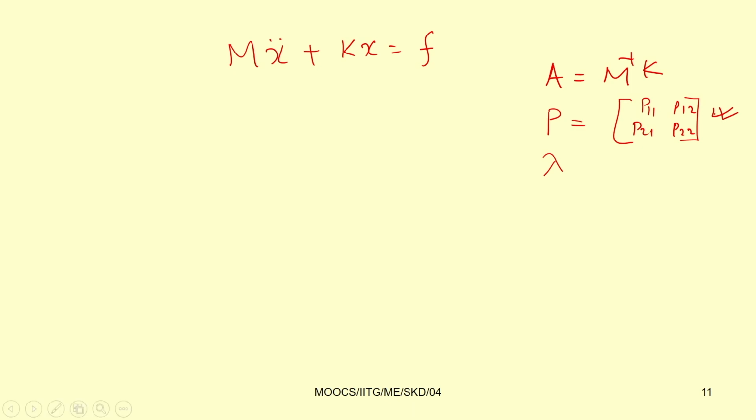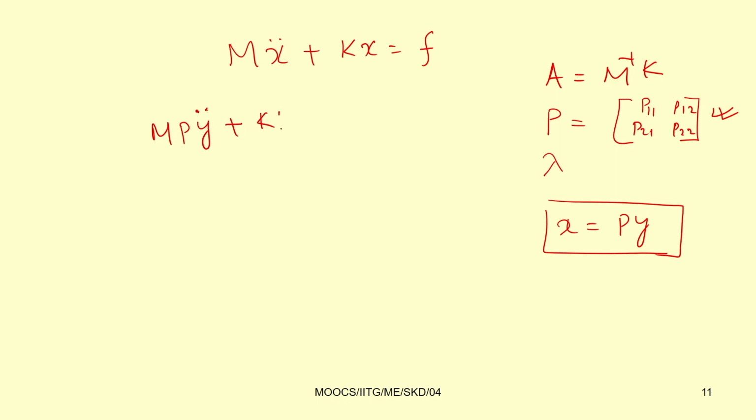Now after getting this p, what can we do? Let us write x equal to p y. Then this equation reduces to m p y double dot plus k p y equal to f.